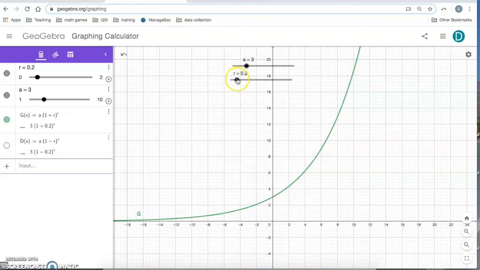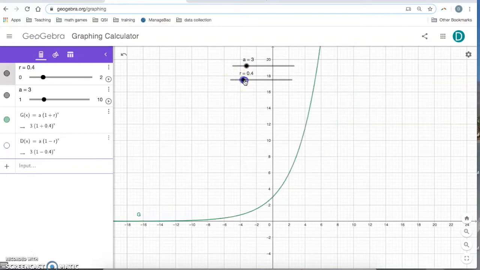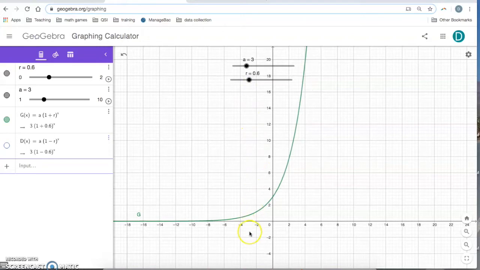I can also change r, so I can make r bigger or smaller. I'll make it bigger, and you'll notice as I make r bigger, in this case now it's 60%, you can see that the curve is much more steep. And that makes sense because if you increase the growth rate, you would expect whatever quantity you're looking at to grow more quickly.